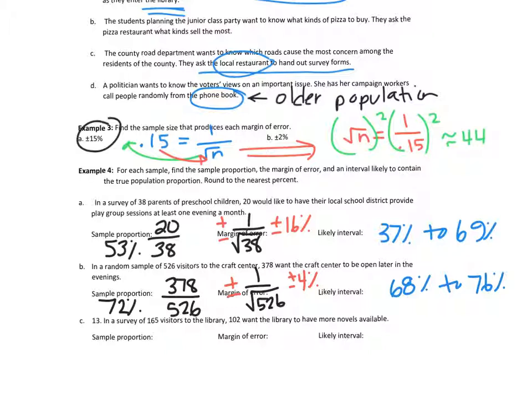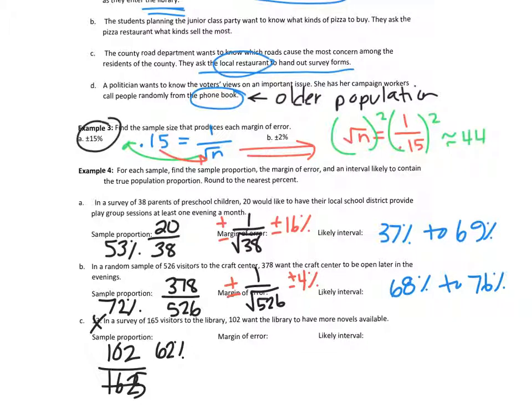And the last one, in a survey of 165 visitors, 102 want the library to have more novels available. So the sample proportion is going to be 102 over 165. So 102 divided by 165 is approximately 62%.